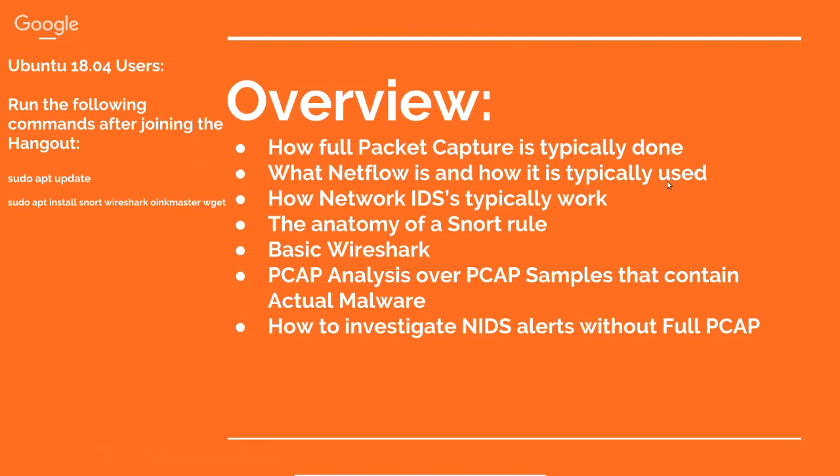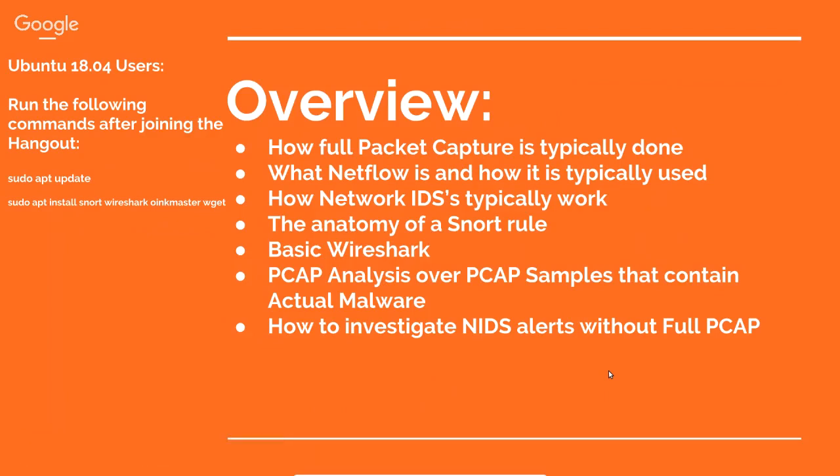One of the things you always learn in SANS classes and other security courses is, hey, here's a network IDS rule, now just go to your full PCAP and investigate it. But the reality is I feel like most places don't have full packet capture. So we'll talk about that a little bit at the end.